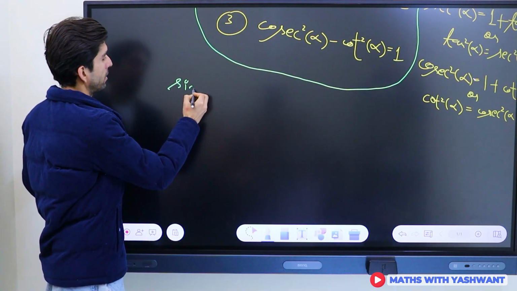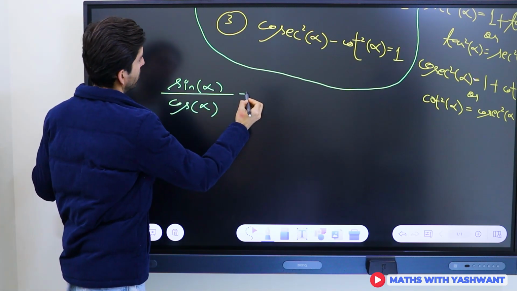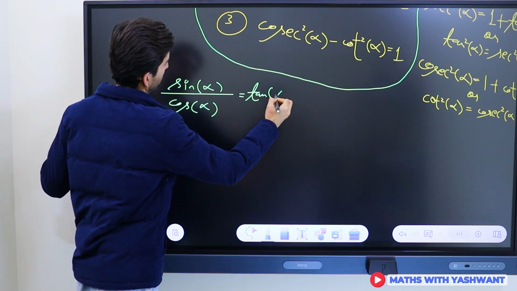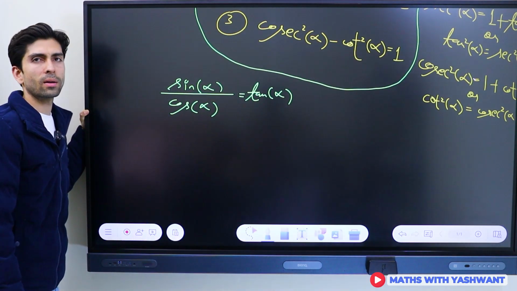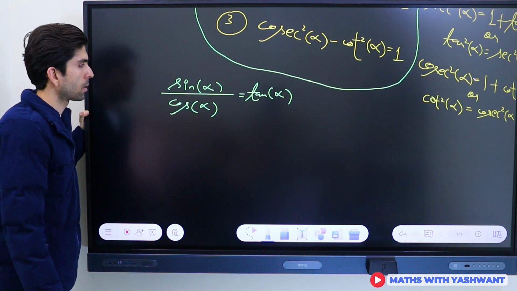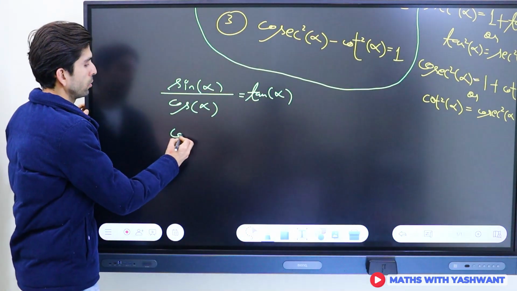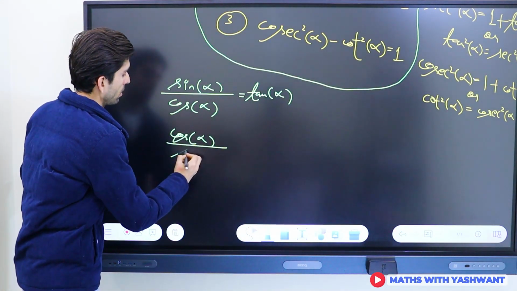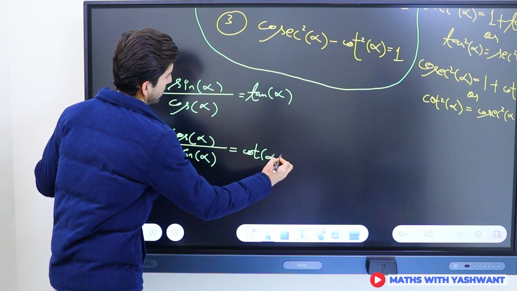Sin alpha by cos alpha is your tan alpha. This is also very important and we use it very frequently, mostly when it comes to proving questions. If you take the reciprocal of both sides, you get cos alpha upon sin alpha is equal to cot alpha.